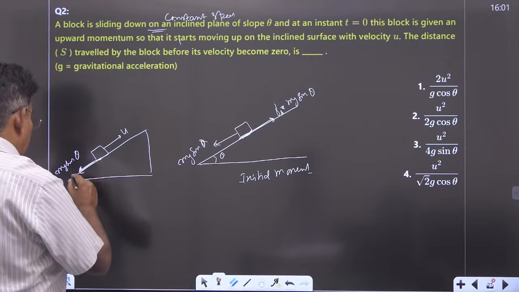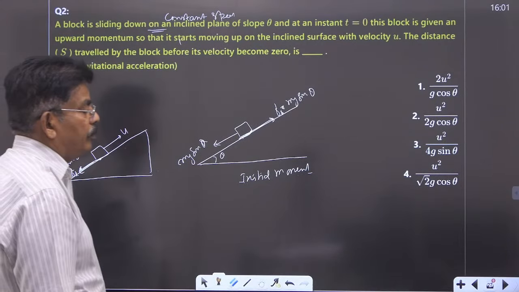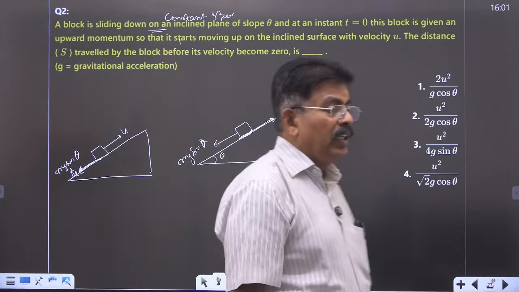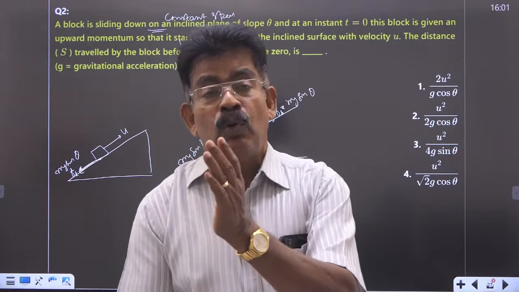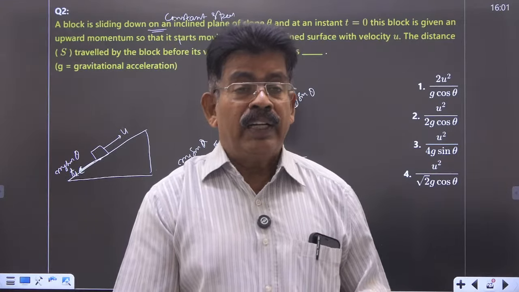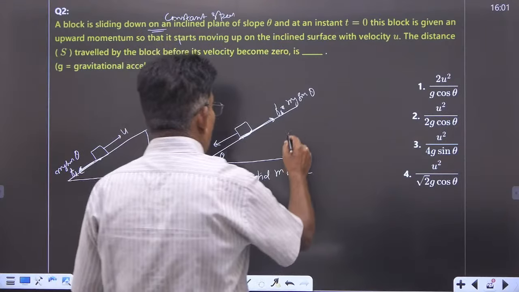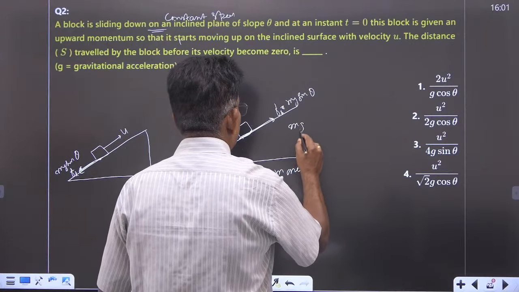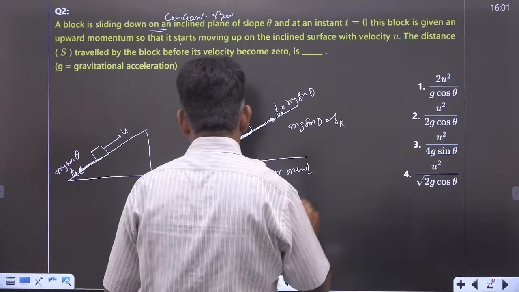As it goes up, frictional force also is acting down, isn't it? Earlier, when it was sliding down, frictional force was opposing the motion, mg sine theta was pulling down, they were equal, net force was zero. So I can say that at the initial moment mg sine theta is equal to kinetic friction force.